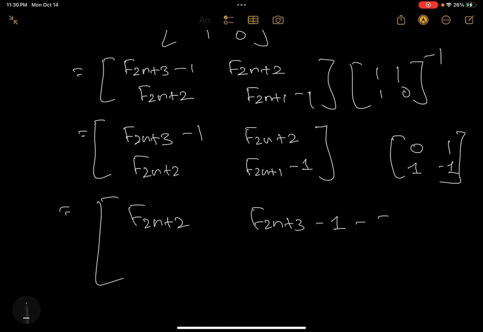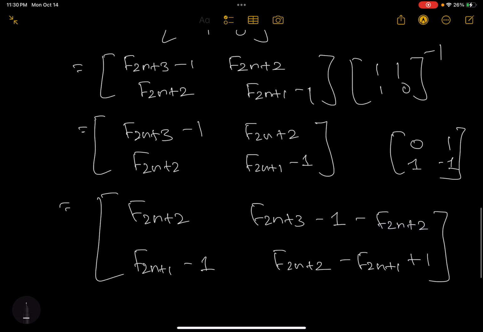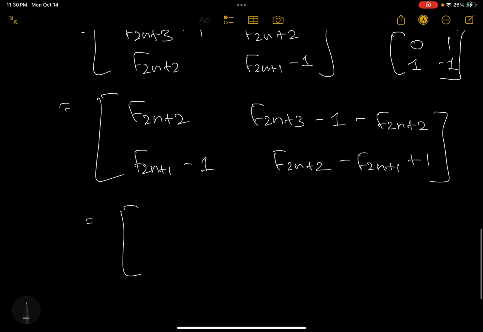So minus f of 2n plus 2. Now this multiplies to get f of 2n plus 1 minus 1. Now this 2 and this 2. F of 2n plus 2, f of 2n plus 1 minus 1, 1 minus 1. So f of 2n plus 2 minus f of 2n plus 1 plus 1. Right? Yeah. Now let's try to see what this evaluates to.